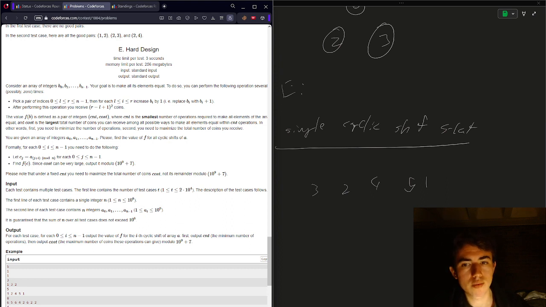Let's replace the array with the difference array. We're only going to look at these: -1, 2, 1, and -4. Now, when we pick the values L and R, it's like picking a pair.